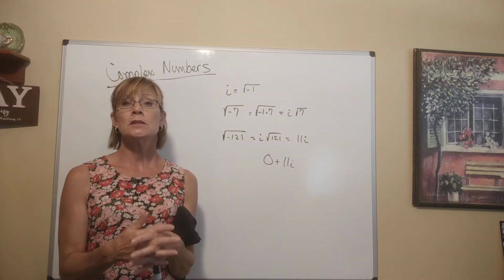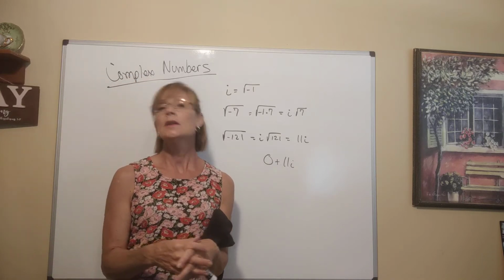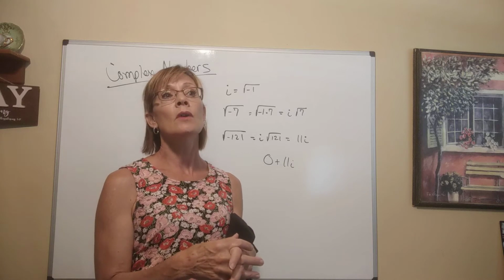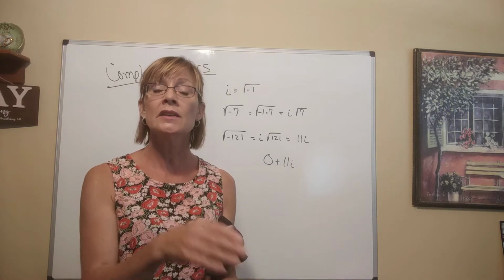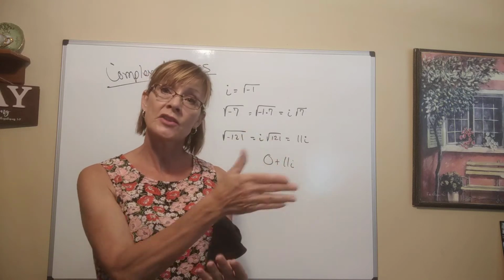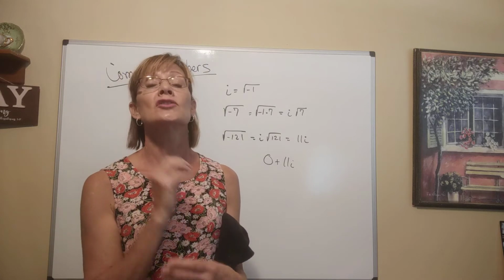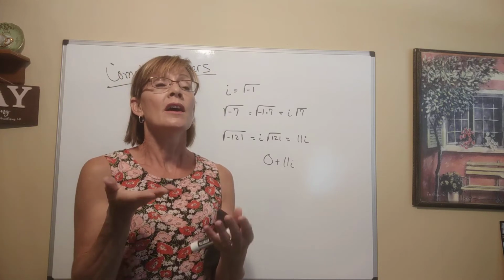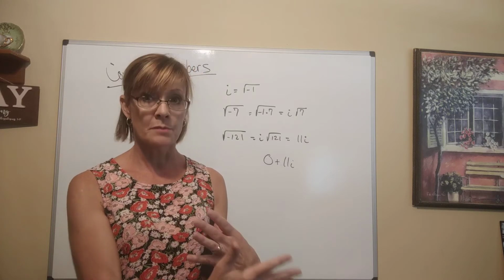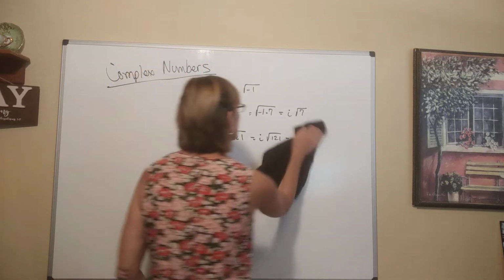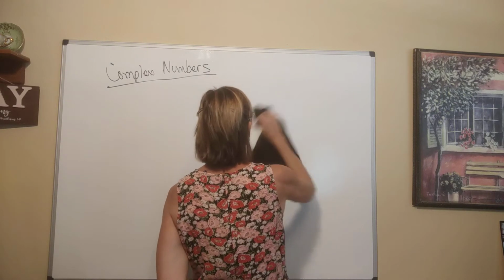Most of the applications for imaginary numbers have to do with electrical current. You can get shocked by the imaginary component of electrical current just as real as you get shocked by the real component. So it is just a way of describing another dimension of numbers. Let us learn to add, subtract, multiply, and divide complex numbers.